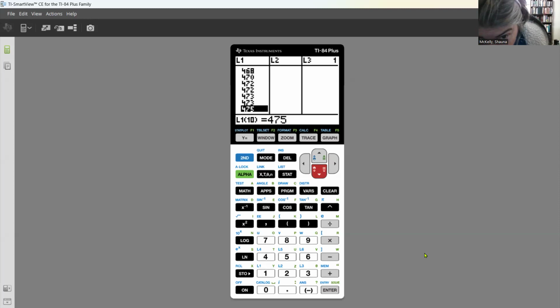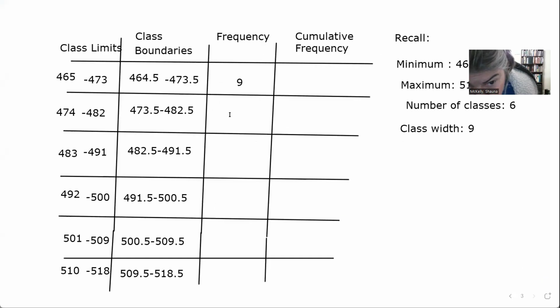Start with position 10. 1, 2, 3, 4, 5, 6, 7, and we stop there because that's 483. So 7 elements in the next one. So we have 7 elements here.